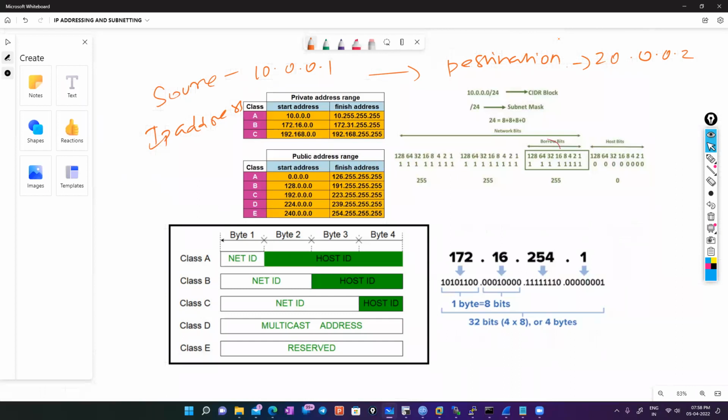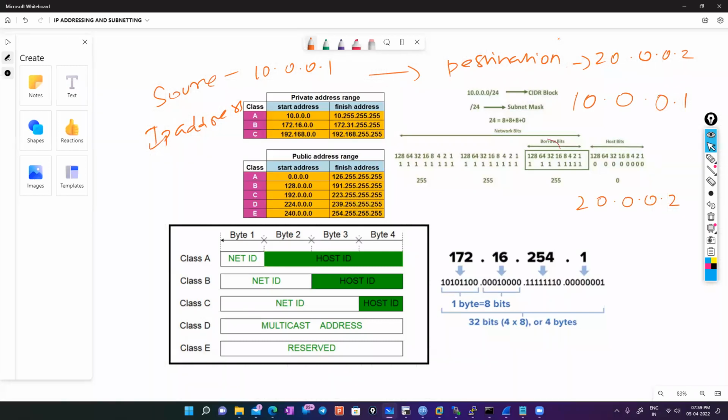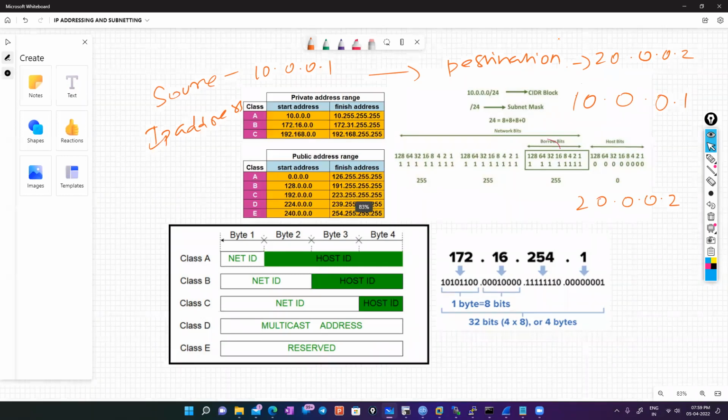That's because of the dots, right? An IP address is always represented with dots, something like 10.0.0.1, 20.0.0.2. It is divided with dots, and every section between the dots is called an 8-bit address.